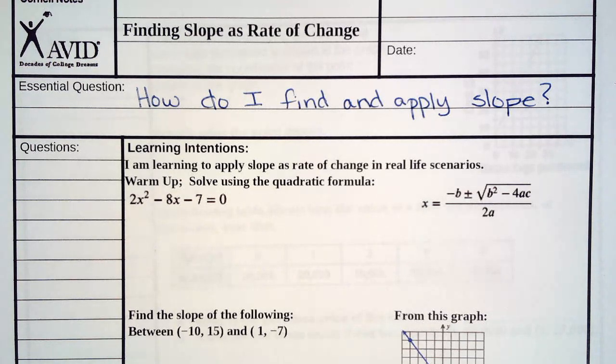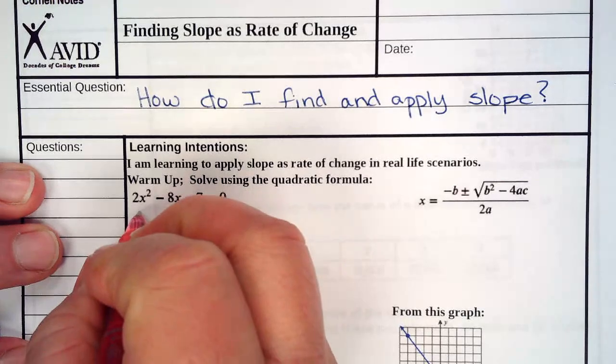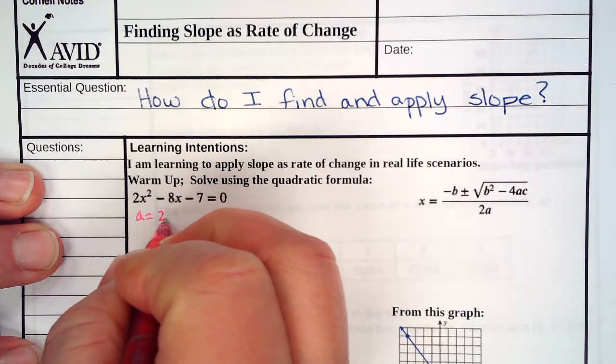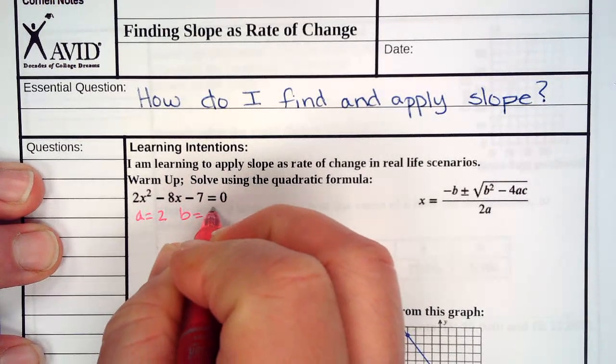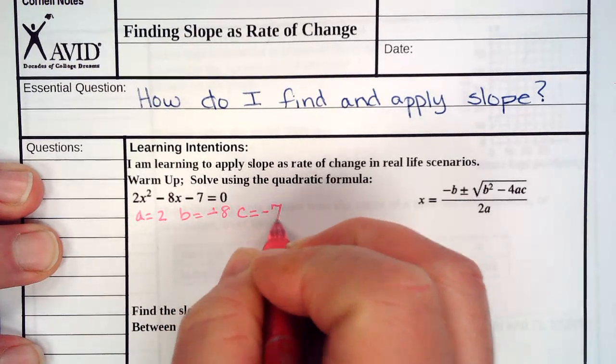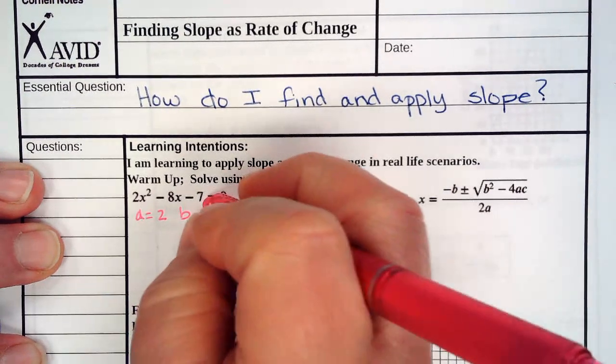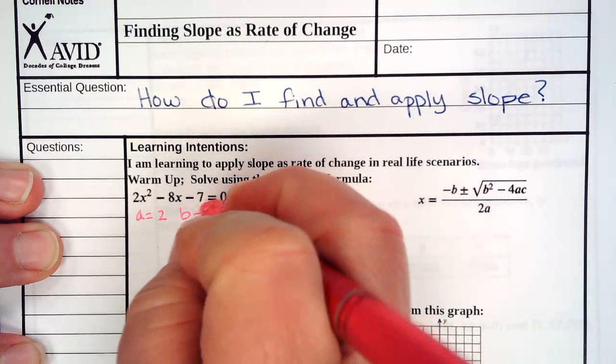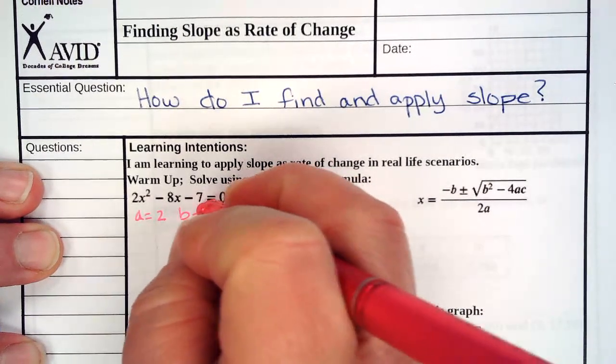So on the first one, step 1 is to identify A, B, and C. A is equal to 2, B is equal to -8, and C is equal to -7. Okay, now I've got to find that discriminant and then square root my discriminant.